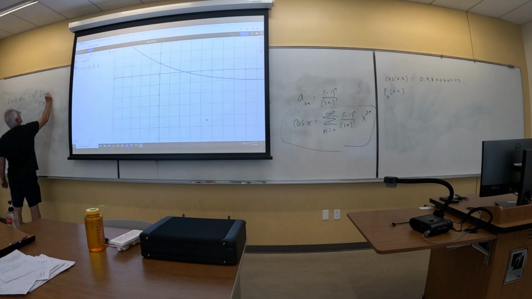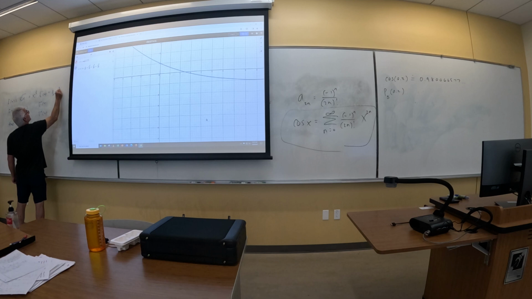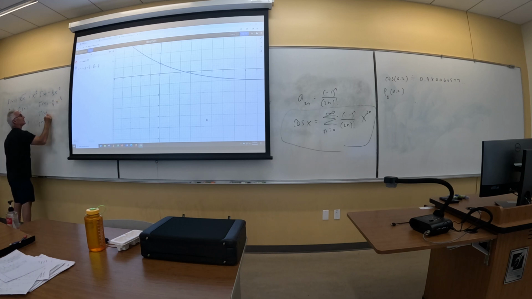What's the first derivative? 1/3 x to the negative 2/3. And then the second derivative? Negative 2/9 x to the negative 5/3. And then the third derivative? 10/27 x to the negative 8/3. And then what would the fourth be? Negative 80/81 x to the negative 11/3.